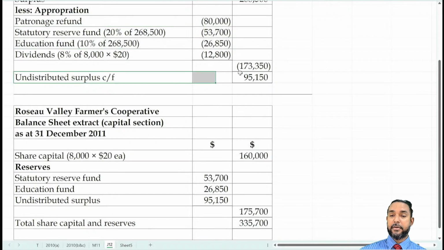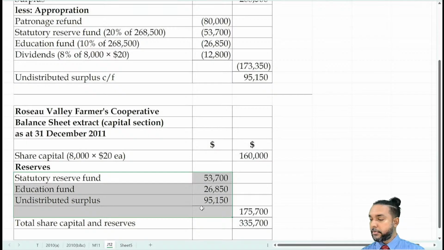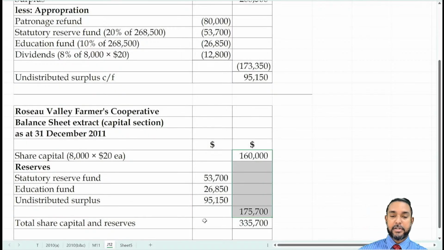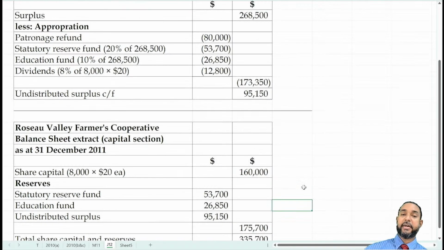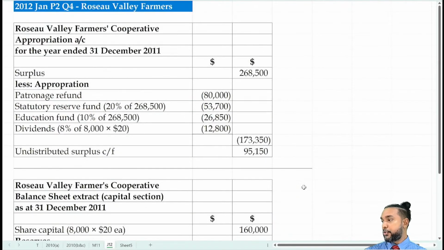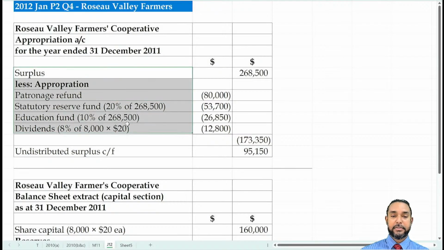And then the closing undistributed surplus. And then we have total share capital and reserves. So we're going to continue in that vein today. Remember, with cooperatives, they are basically limited companies, but non-profit versions of that, and we have owners called members who have to receive dividends.